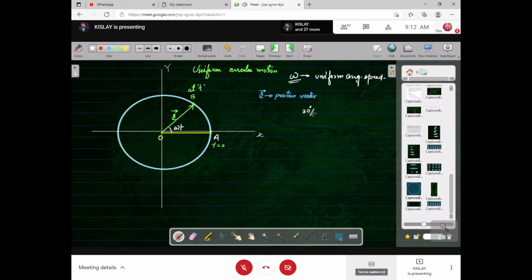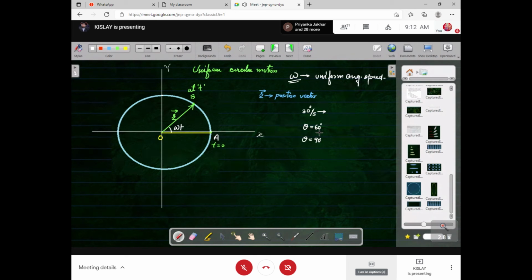Just taking an example: 30 degree per second, then what is the value of theta in 2 seconds? It will be 60 degree, meaning the object comes here by making an angle of 60 degree. What is the value in 3 seconds? It will be 90 degree, meaning the object comes here. Is it clear?